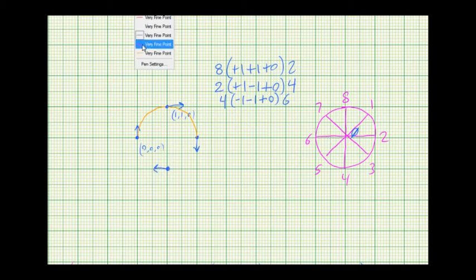So again, another quarter turn of the circle, and then we can finish the circle with a fourth line of code: 6, open paren, -1, +1, plus 0, close paren, and 8.